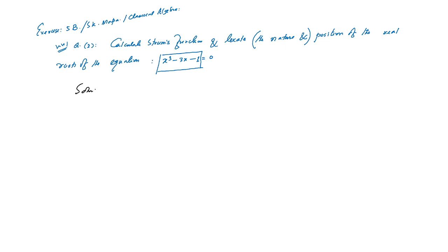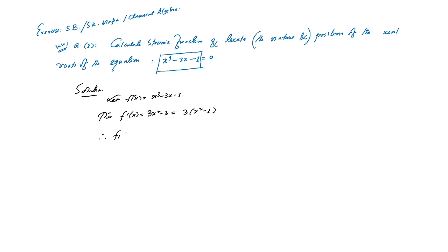So here we come to the solution. First, write f(x) equals x cube minus 3x minus 1. Then f dash x will be 3x square minus 3. It will be helpful if we remove the factor.